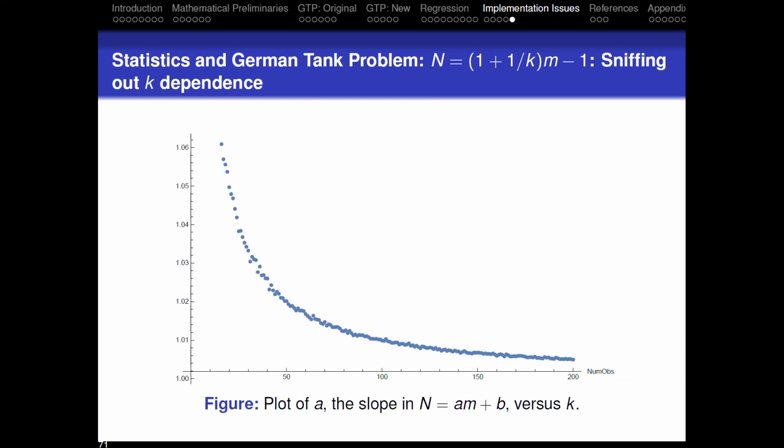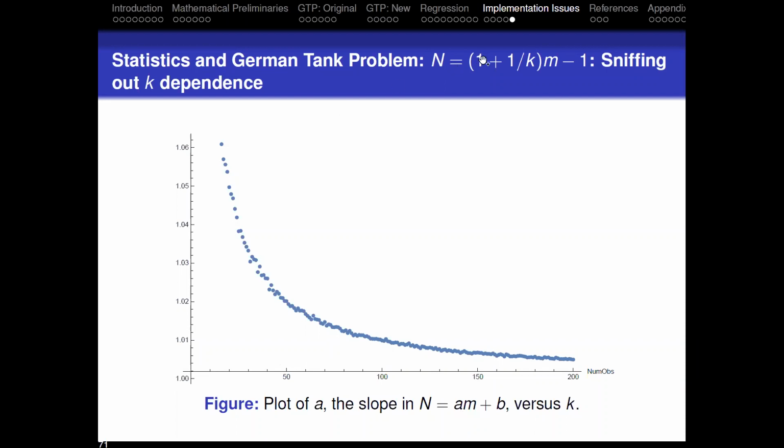And so let's say we do a bunch of experiments. And let's say we believe n equals am plus b. And we want to record what are the best fit values of a as a function of k, the number of tanks we observe. So again, the x-axis is the number of tanks observed. The y-axis is our best fit value of that slope a by looking at the data.